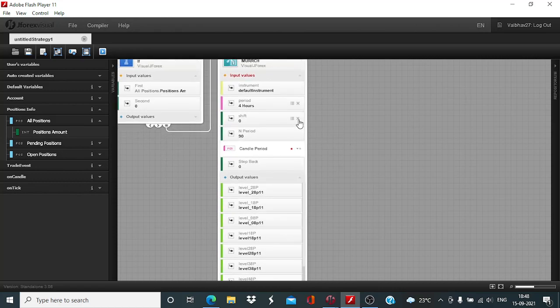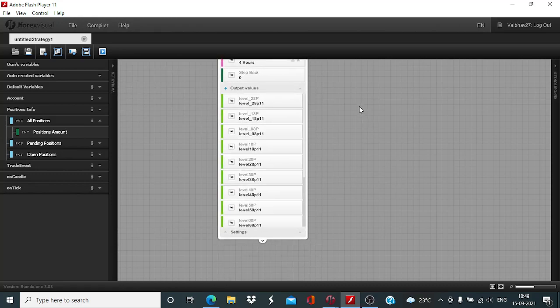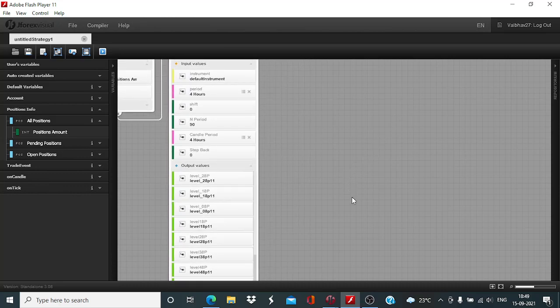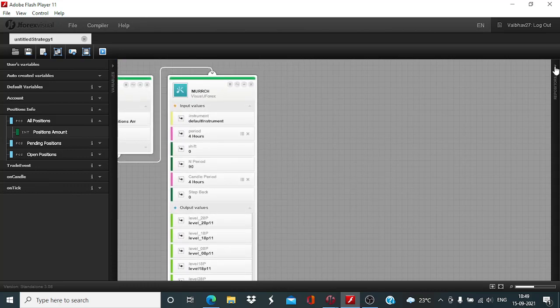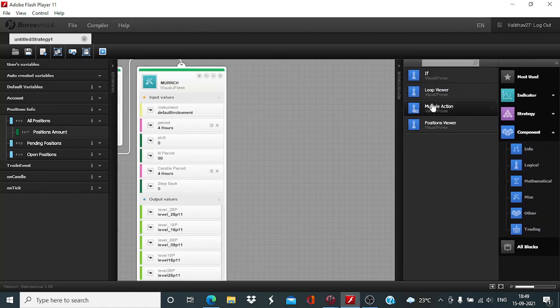The value is going to remain 0. Candle period here also I will change to 4 hourly. Step back is 0, and here we will be having these output values.